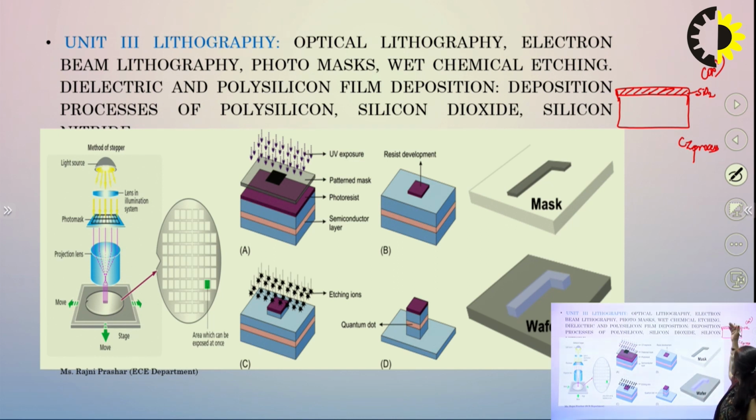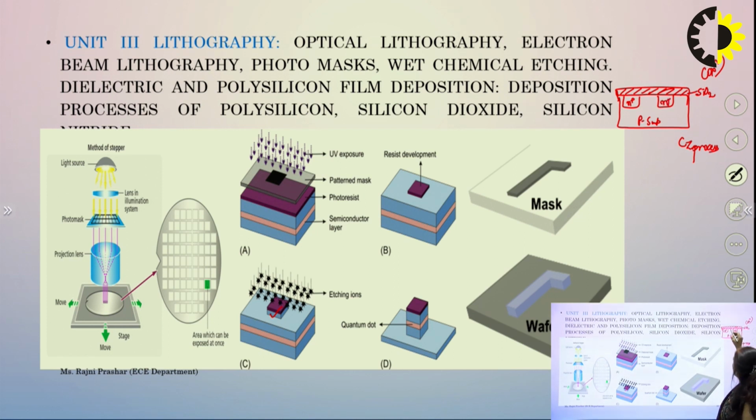Now over this silicon dioxide we have to make some windows so that we can implant our impurities under that. Suppose we are fabricating an NMOS, we have this p-type substrate, and we know that we have the N plus diffusions.